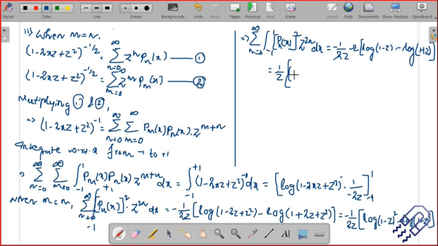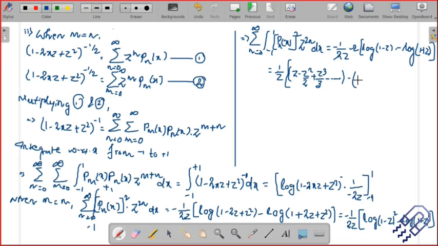So the log term you can keep on expanding. This should be something like this: z minus z squared divided by 2 plus z cubed divided by 3, then minus z to the power 4 divided by 4, and so on. This would be the expansion of log of 1 plus z minus log of 1 minus z.